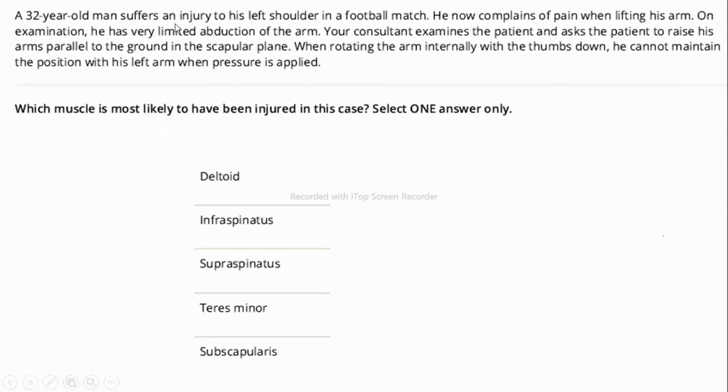A 32-year-old suffers injury to his left shoulder. He now complains of pain. I want you guys, once you see, for example, shoulder in the exam, expect he is talking about examination, about a test, about an injury, about which shoulder, anterior or posterior.